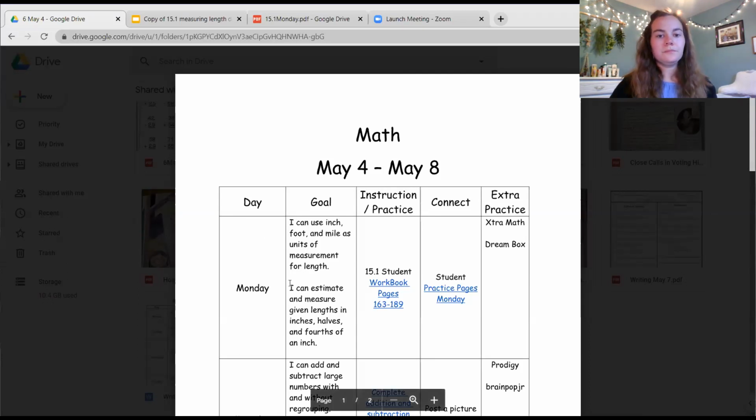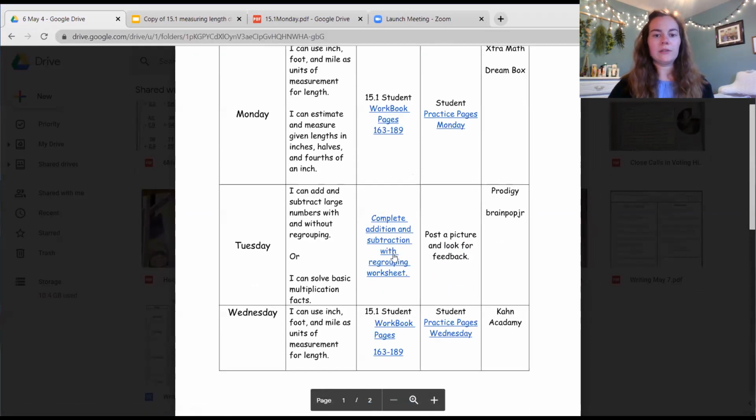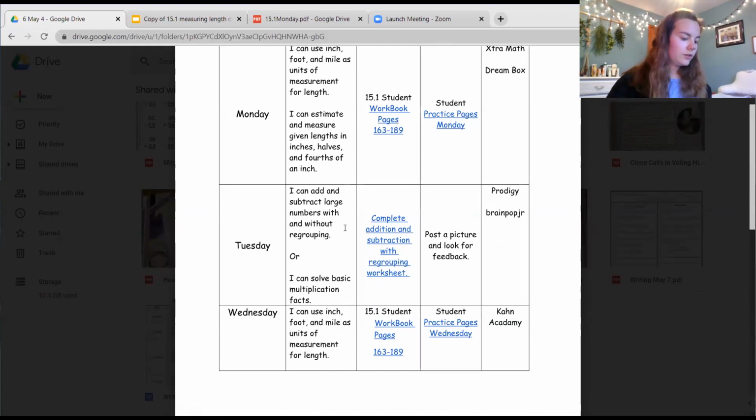So today is Monday, May 4th, and here's what we're going to be working on today. And then, as always, you have the workbook pages you can look at for extra reference, and then your practice pages. And then Tuesday, you'll be doing more addition and subtraction with regrouping. So continue with that.